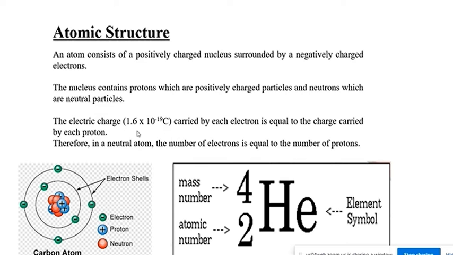We measure charge using coulombs, capital C. The charge carried by each electron is equal to the charge carried by each proton, so the values are equal. The positive and negative values are equal, and only the sign is changed. Electron is negative, proton is positive. Therefore, in a neutral atom, the number of electrons is equal to the number of protons.